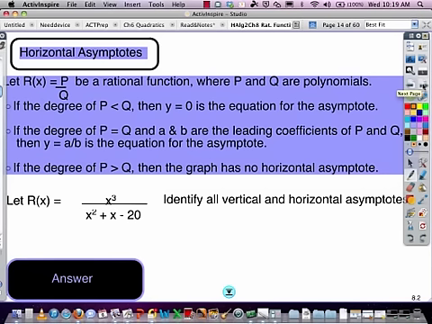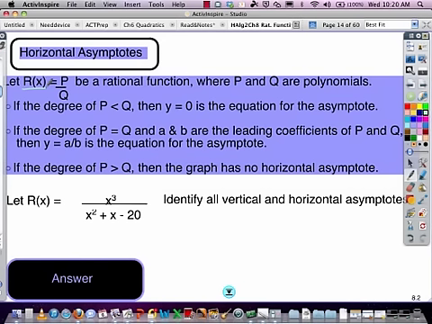So now, let's go to horizontal. When you have horizontal asymptotes, you have a three-way process, and you just have to remember the three choices. Horizontal is left to right, we know, and it's going to be y equals. But we're saying up here that our rational function r of x will equal p over q, where p and q are polynomials.